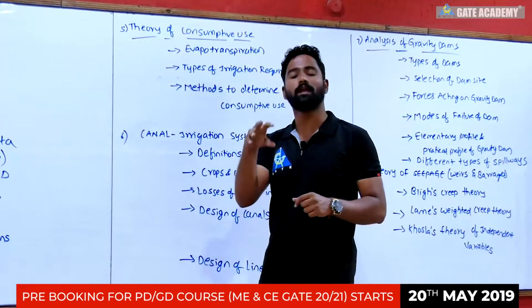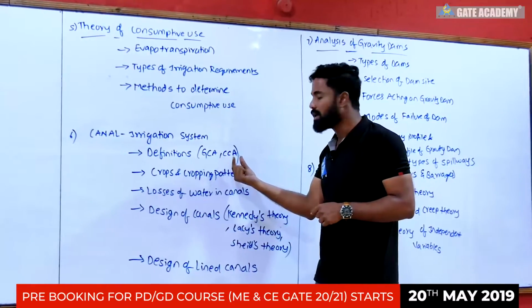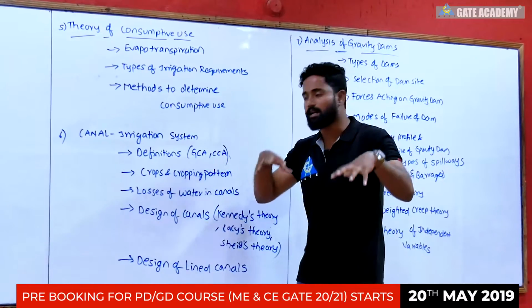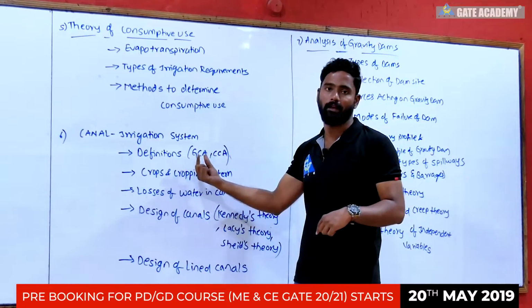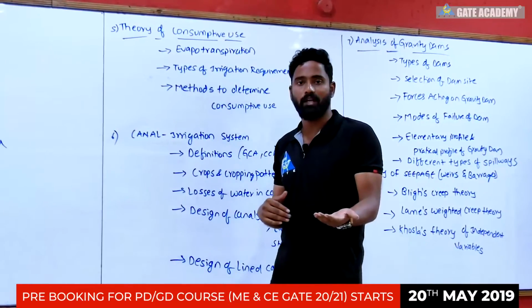You are only irrigating the fields. So culturable command area means the irrigatable land that is present in the gross command area, and then based on this we will calculate the intensity of irrigation.